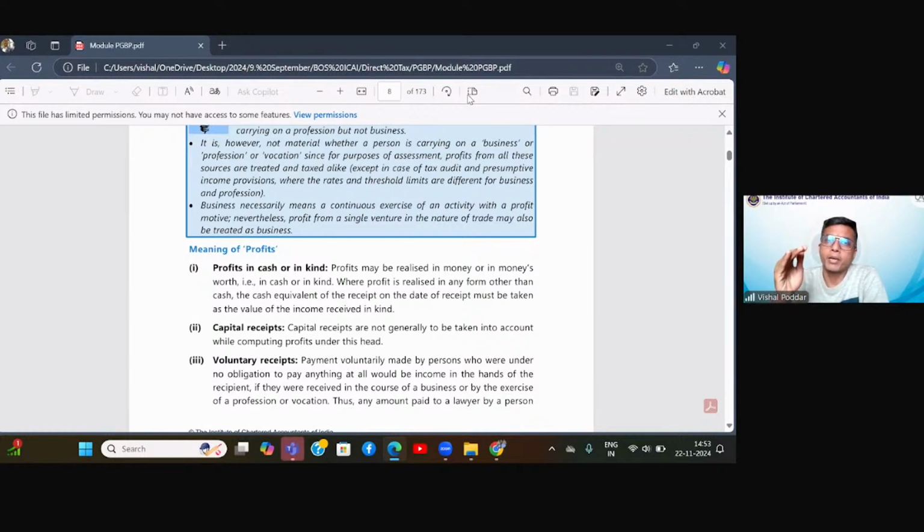One of those items is under 69C, if I'm not wrong. 69C says that if there is any expenditure which you are not able to justify or prove, this is my correct expenditure, then that expenditure will be treated as your undisclosed income.